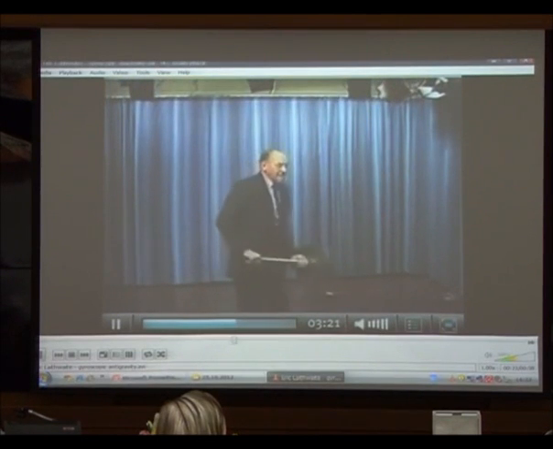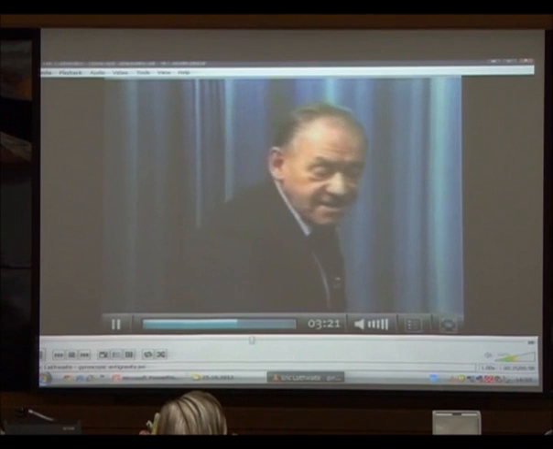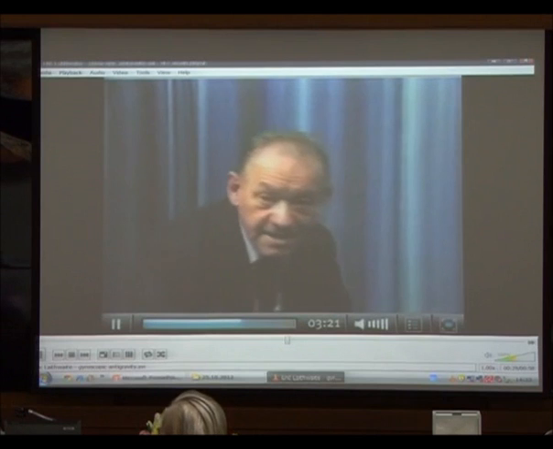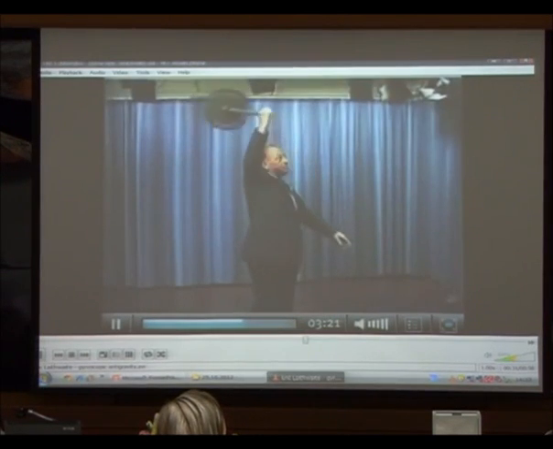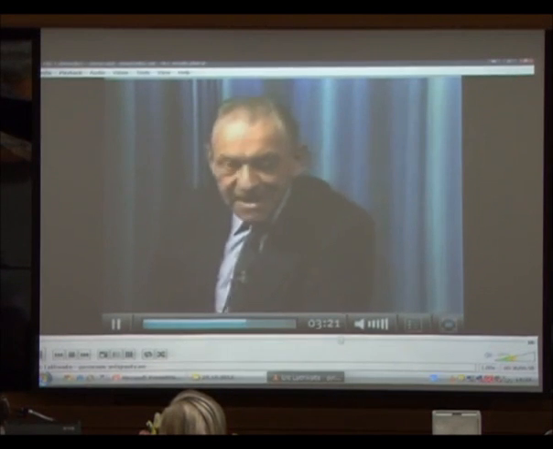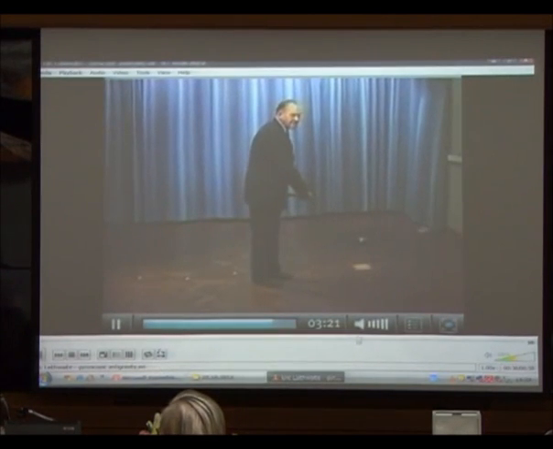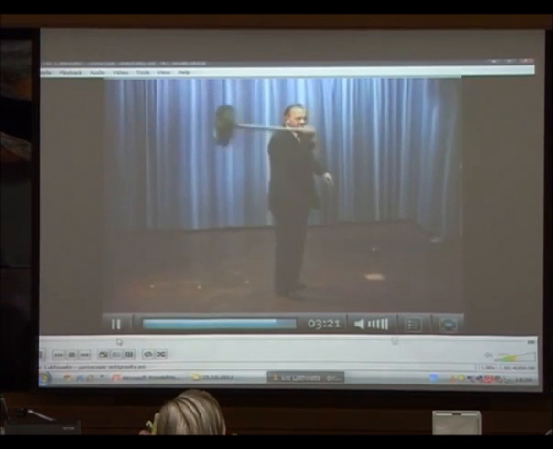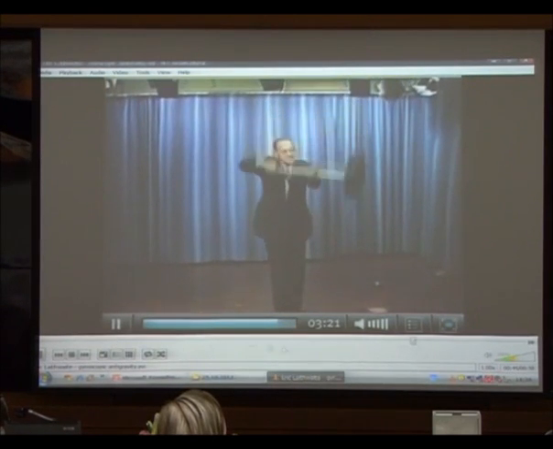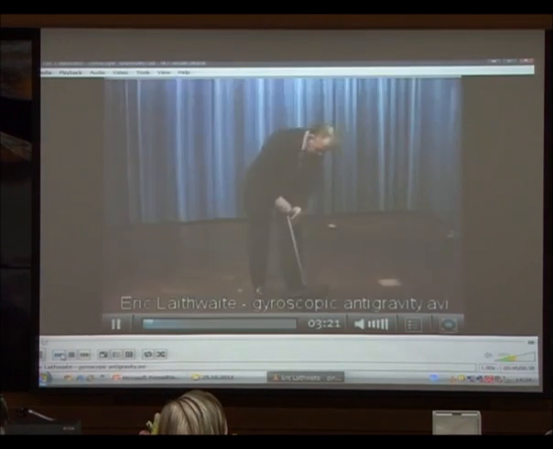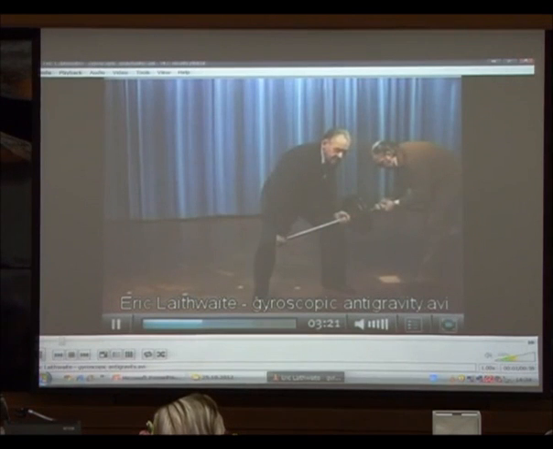When the gyro has no rotation, you can do that. But when the gyro is in rotation, you can't. It shows us that we lost weight in this case. Once more. Let's see.